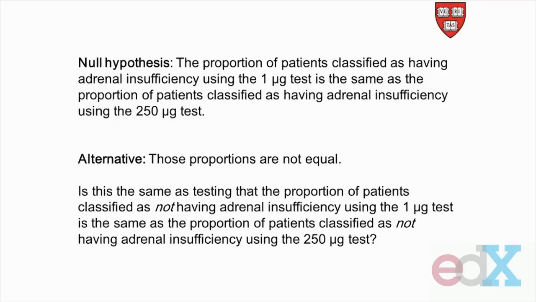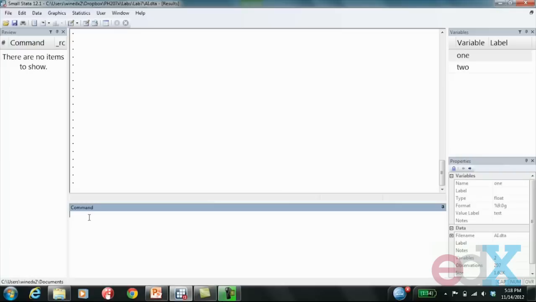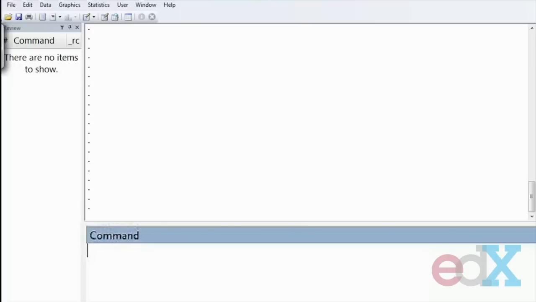So now let's go to Stata. The data are located in the AI.dta dataset. Okay, now we're in Stata. We have two variables here, 1 and 2, and let's use the tabulate command to look at our data. So type in tabulate 1, 2.